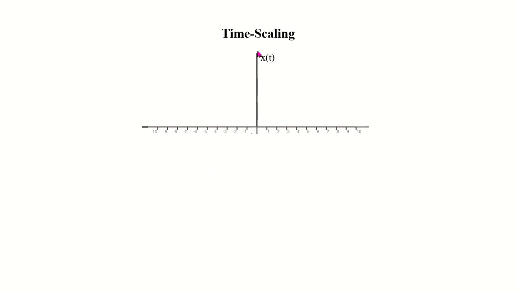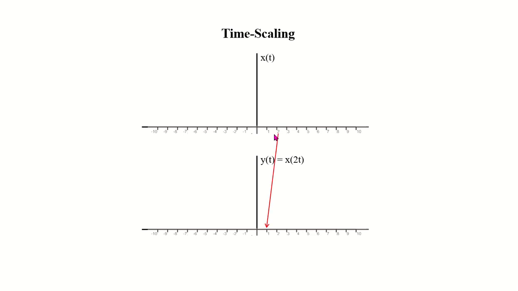So suppose we are given a signal x(t), and instead of taking any arbitrary scaling factor, let us take a equal to 2. We are now interested in plotting the signal x of 2t. Let's call this signal y, so y(t) is equal to x of 2t. So what is going to happen when we time scale the signal x with a scaling factor of 2?